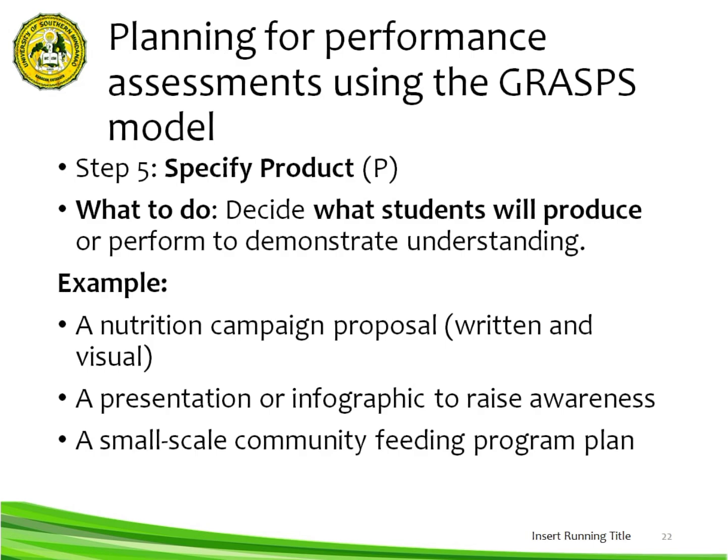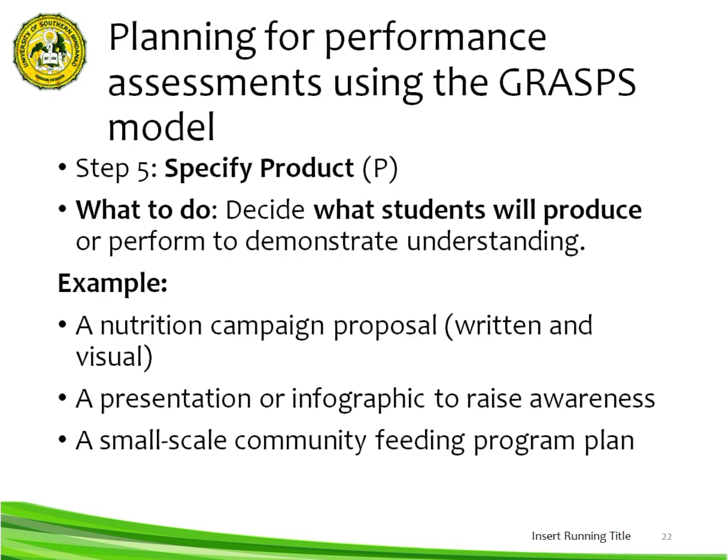This means identifying the specific output that students will generate as a result of completing the task. The product should be authentic and relevant to the real-world application of the knowledge and skills being assessed. It should also be something that can be evaluated against clear and specific criteria.